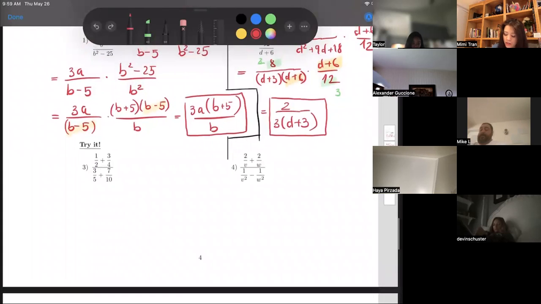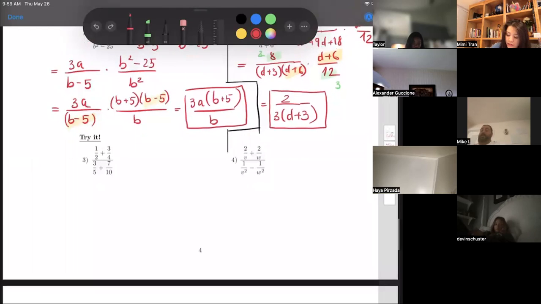So number 3, on the top I have 1/2 plus 3/4, and the bottom I have 3/5 plus 7/10. I'm going to take care of the top first. 1/2 plus 3/4. What's the LCD? 2?